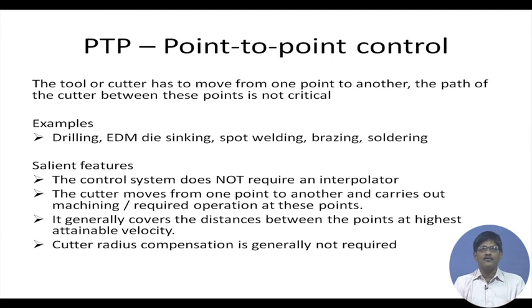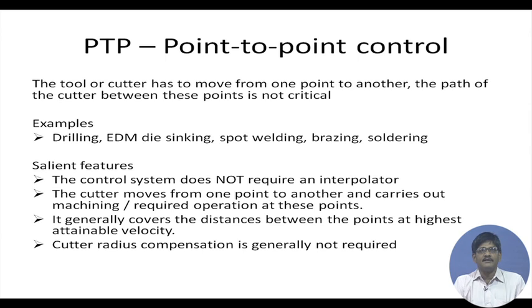Next, the cutter moves from one point to another and carries out machining or the required operation at these very points. Between the points there is no cutting action, and at these points there is no motion of the table. Only cutter motion is there for cutting.